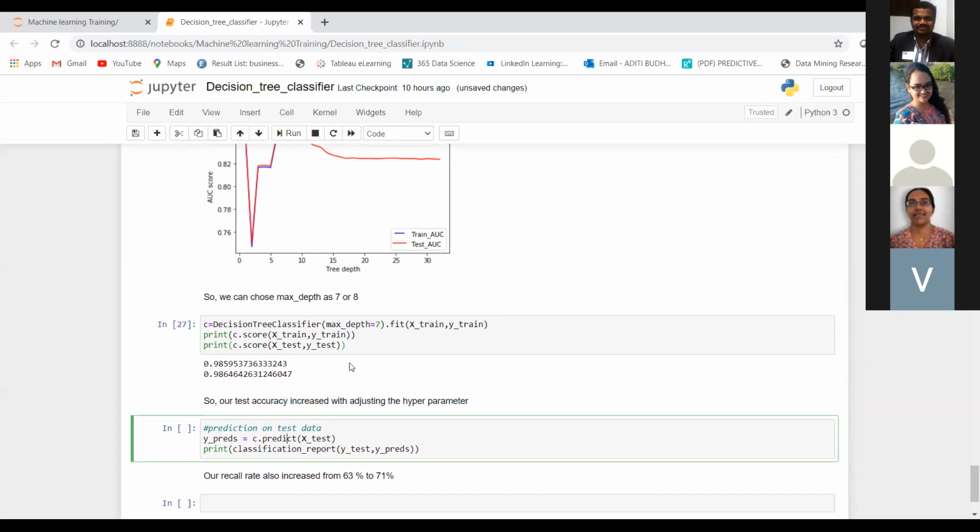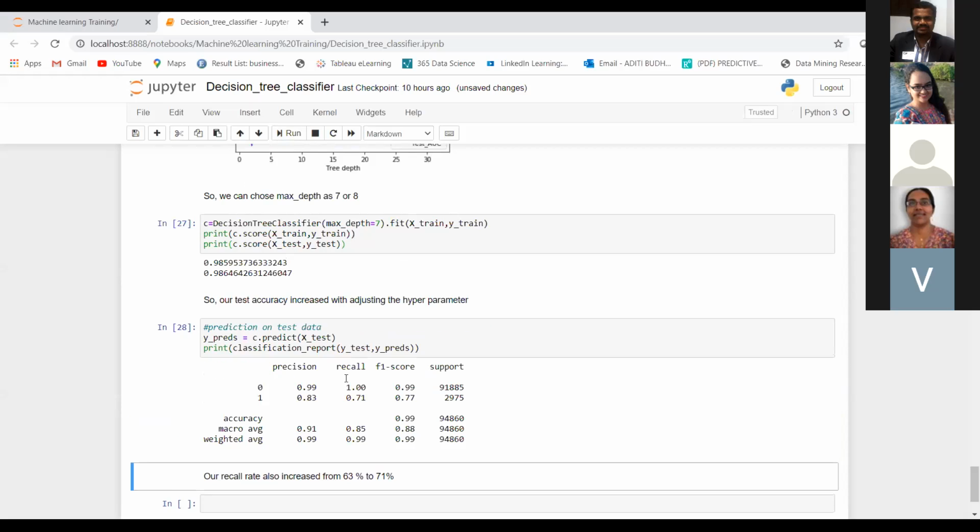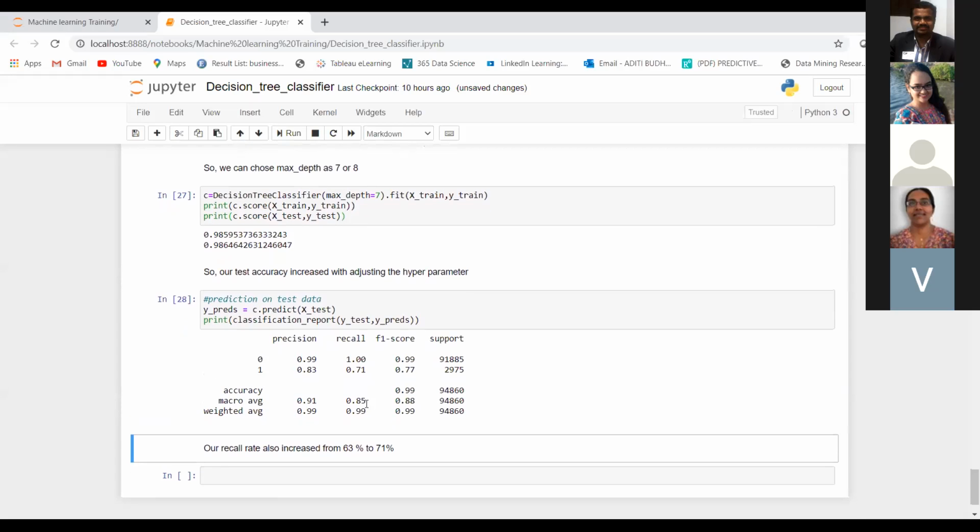So in this way, by adjusting the hyperparameters, you can improve the accuracy or the score of your model. And you will see that recall has also increased. Previously we had 63%, now we have 71%.